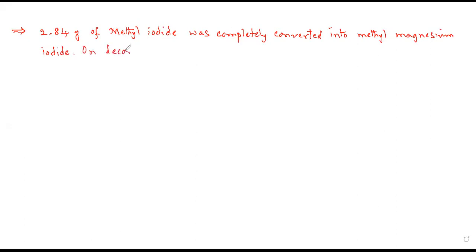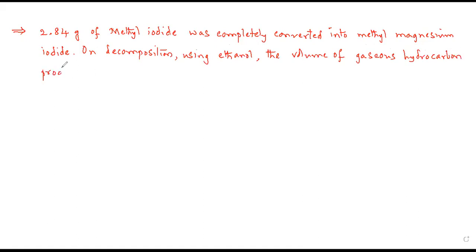On decomposition using ethanol, the volume of gaseous hydrocarbon produced at NTP will be a different variety.